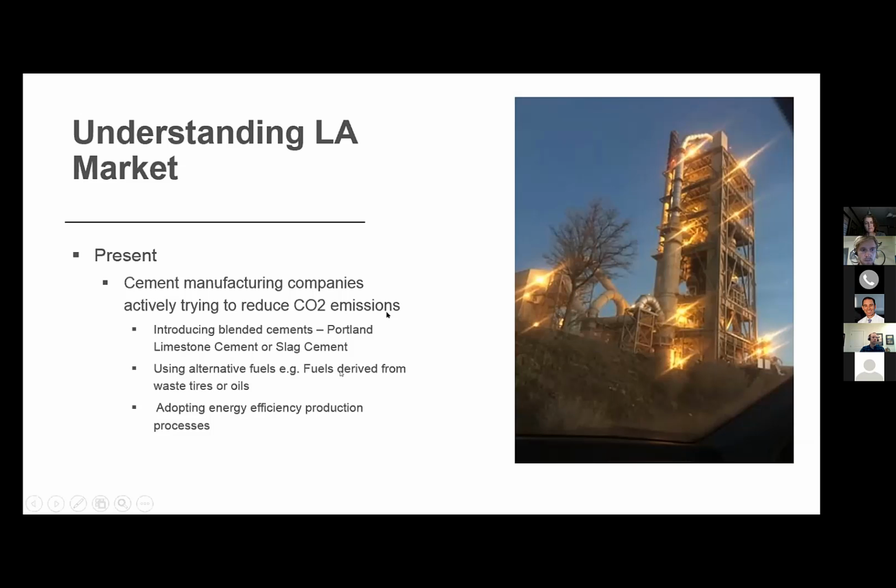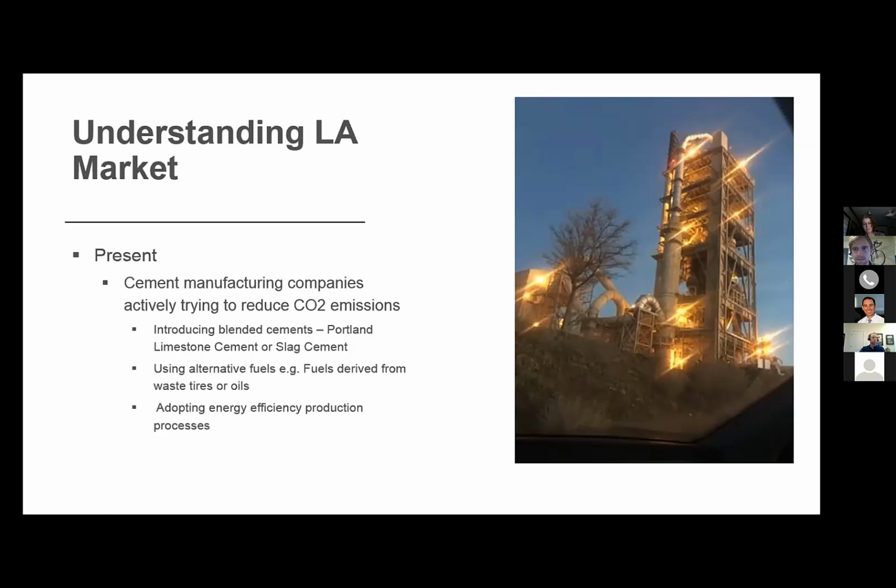As far as the fuel itself, typically cement is manufactured by coal, right? You grind coal and you burn it in the kiln 24/7, and there's a lot of CO2 released there. So for many years, and even now, we're using alternative fuels such as waste tires and oils, even alternative fuels like petroleum coke and natural gas in some cases.